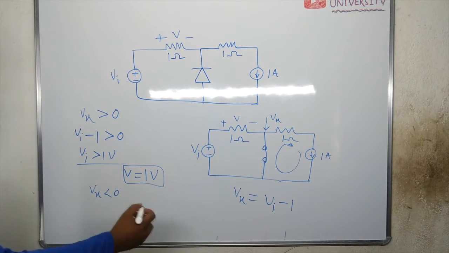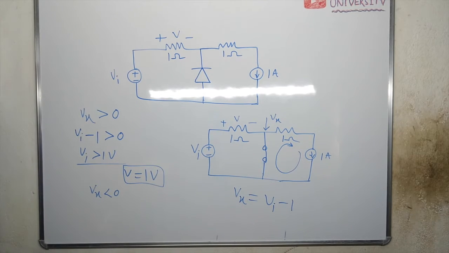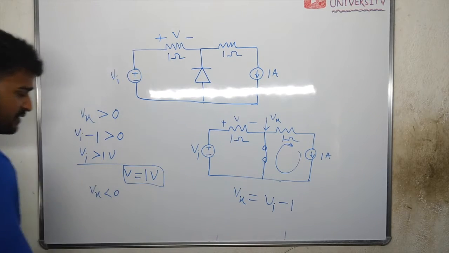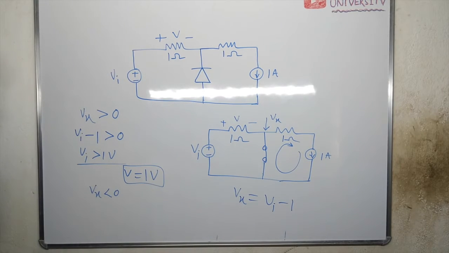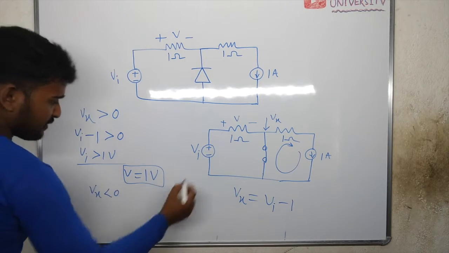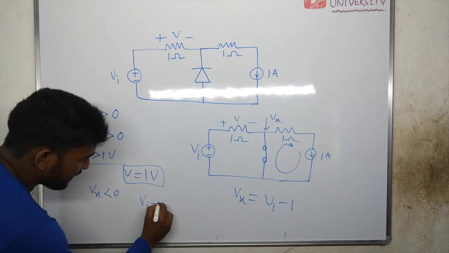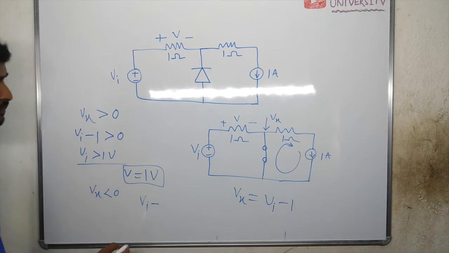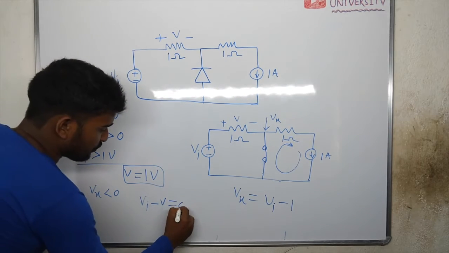How to get the V value? If you short circuit this path, and Vx is less than 0 volt, this diode is forward biased, then Vi minus B will be equal to 0 volt.